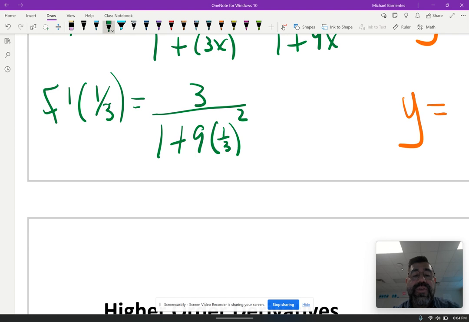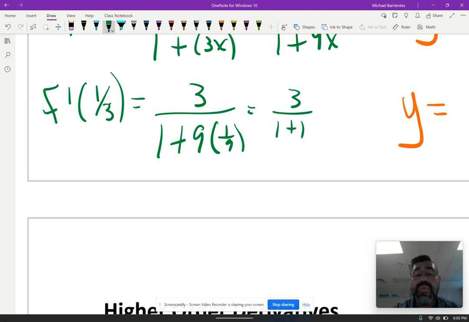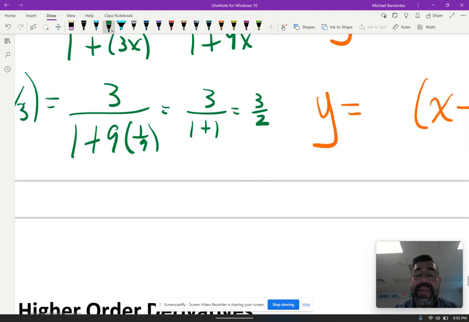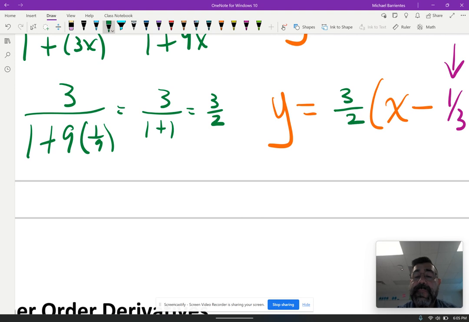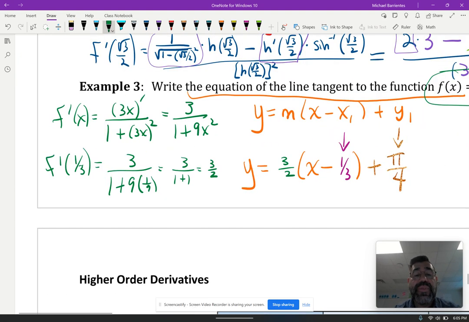Well, what's 1/3 squared? Because remember, order of operations says I have to do exponents before I multiply. So I have to do the squared before I multiply by 9. 1/3 squared is 1/3 times 1/3. So all of this becomes 1/9. Oh, what's 9 times 1/9? 9 times 1/9 is just 1. So this is 1. And therefore, when I add it to the other one, I get 3/2. I just figured out my slope. My slope is my derivative value, and I just figured out that the derivative value is 3/2.